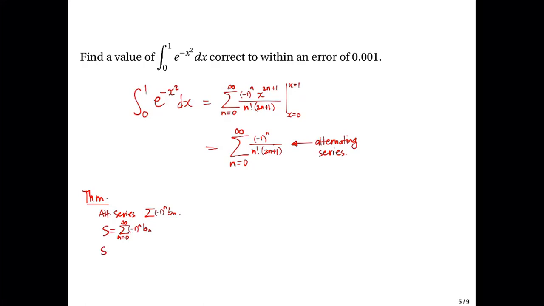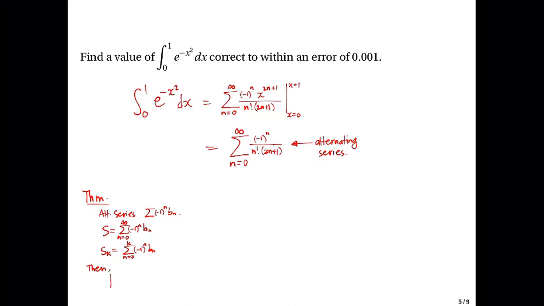And then we put S sub k to be the kth partial sum, n equals 0 to k, negative 1 to the n b sub n, then we have the following approximation.